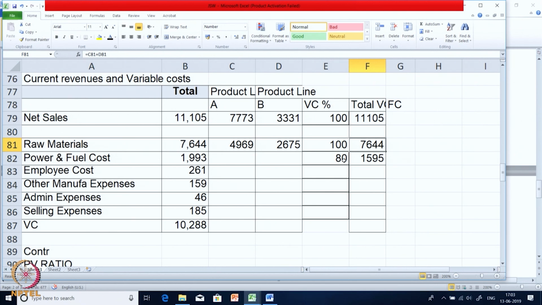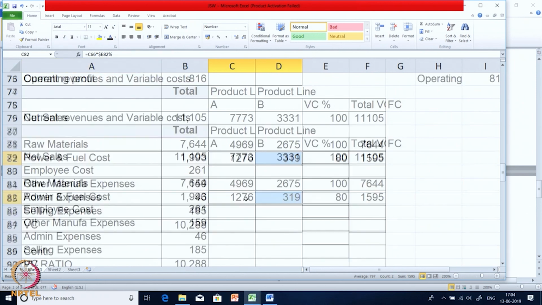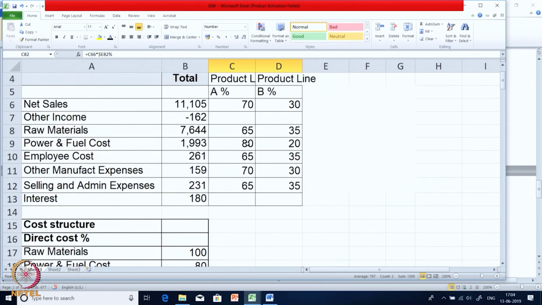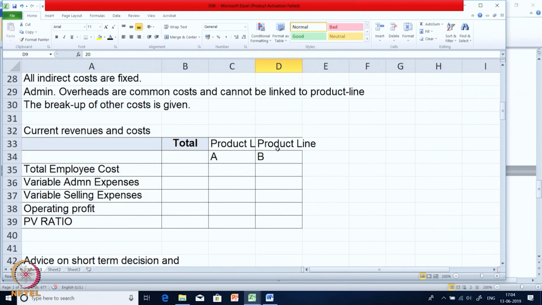But for power, only 80% is variable. So we have calculated 1595 as the variable portion of the power cost, and then you can apply it to A and B. Are you getting me? The percentage of A and B is given in the problem. For raw material it was 65-35, for power it was 80-20, and so on.